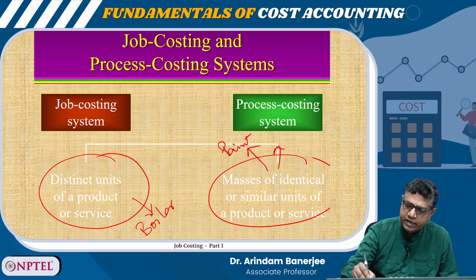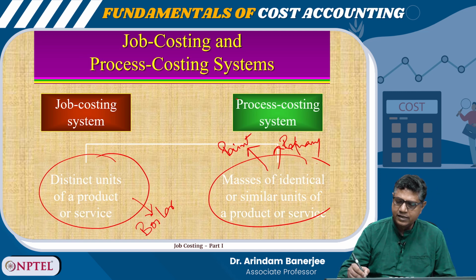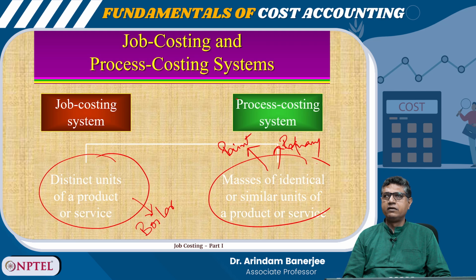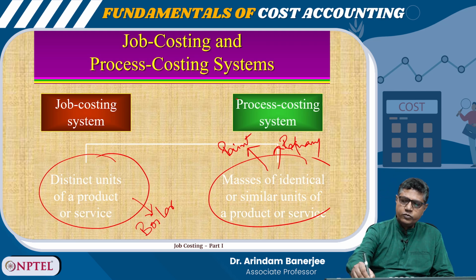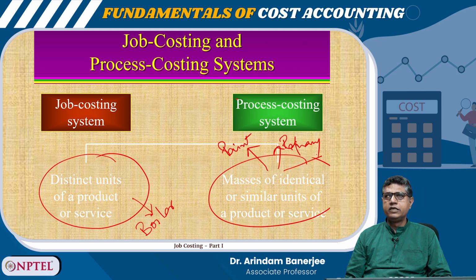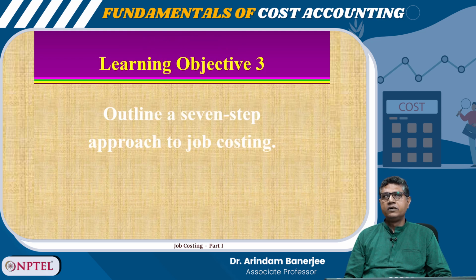Similarly, in the case of refineries like Indian Oil Limited, this needs to be done. So, whether to use the process costing system or the job costing system depends upon the nature of the manufacturing process, the nature of the finished product, etc.